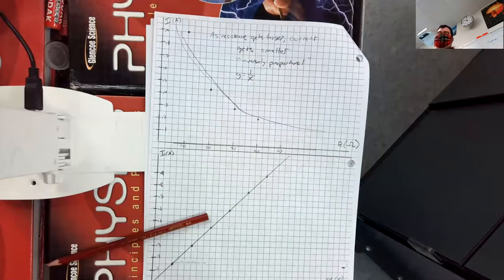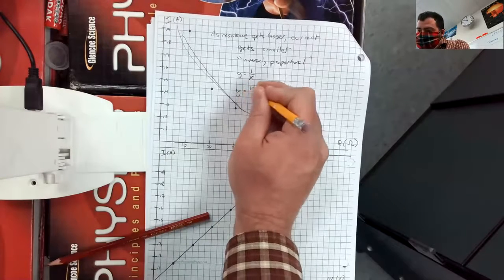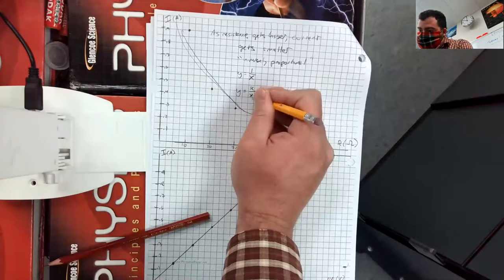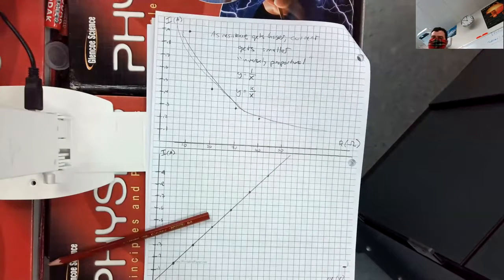Now, honestly, it doesn't just have to be y equals 1 over x. It can be y equals 2 over x, y equals 15 over x, y equals 133 over x. It can be any sort of constant on top. So typically, we would write that as y equals a constant k over x. There's only one other little tweak to make to our graph.